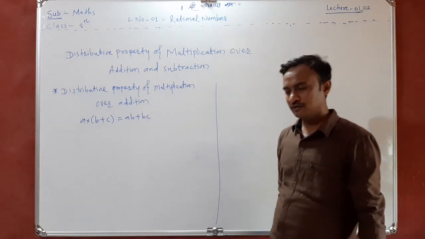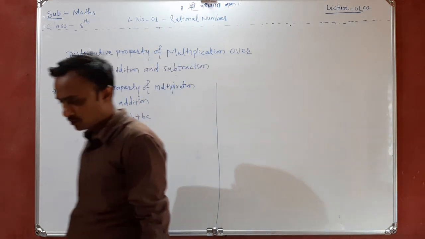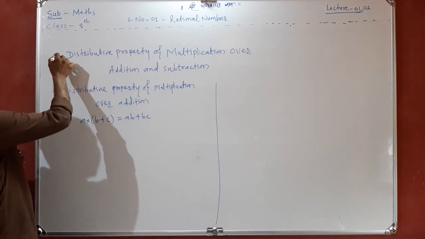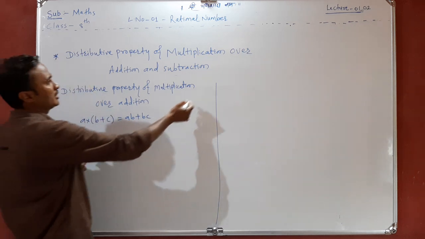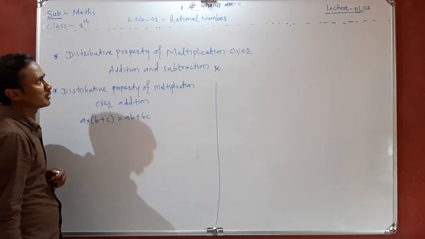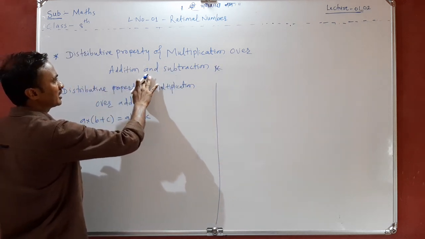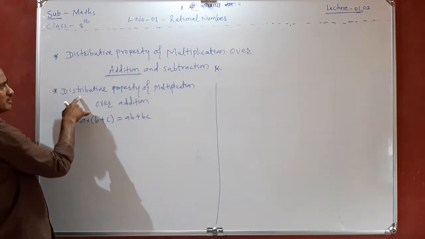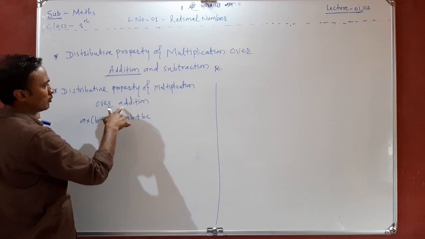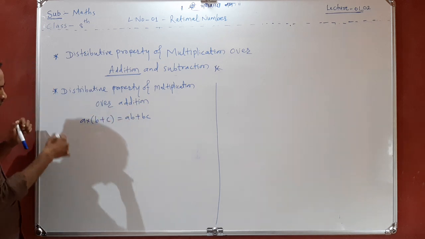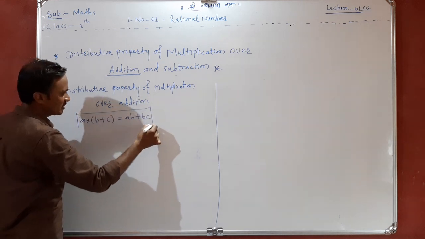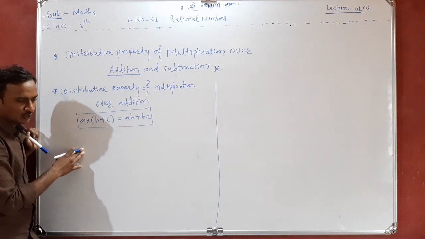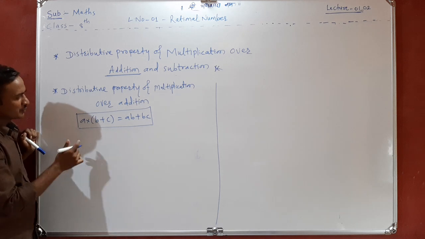Now while finishing all the properties of rational numbers, the most important topic here is the distributive property of multiplication over addition and subtraction, which we already learned in properties. Now see students, first we are going to learn the distributive property of multiplication over addition. For understanding whether this property is true or false, we have to take one simple example.